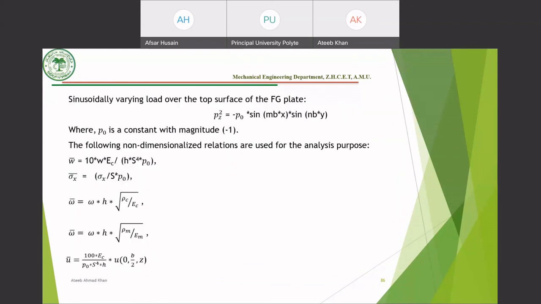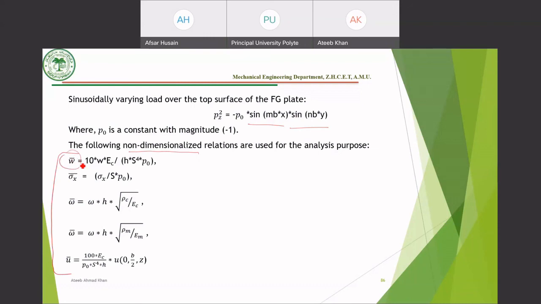So this is the load which I have considered, wherein the load is varying in x direction sinusoidally, and it is varying in y direction also sinusoidally. Now I have presented all the results in non-dimensionalized form, because that's how we present the results, just so that the comparison becomes easy and the units do not play any role. So these are the equations which I have used to non-dimensionalize all these parameters.